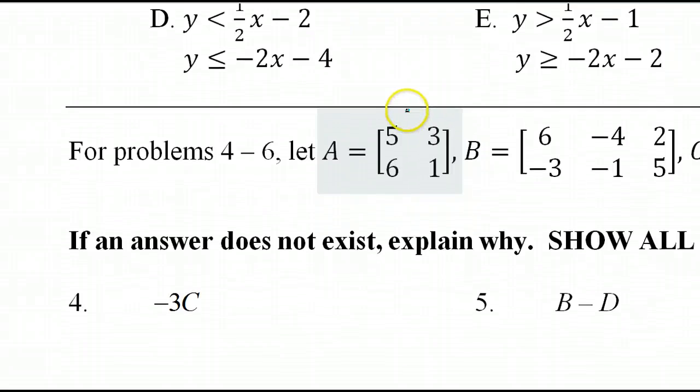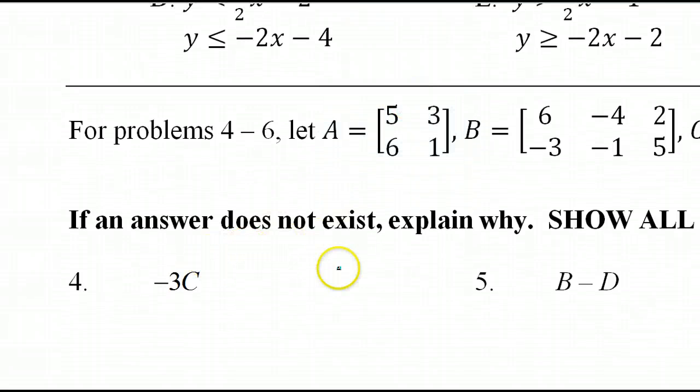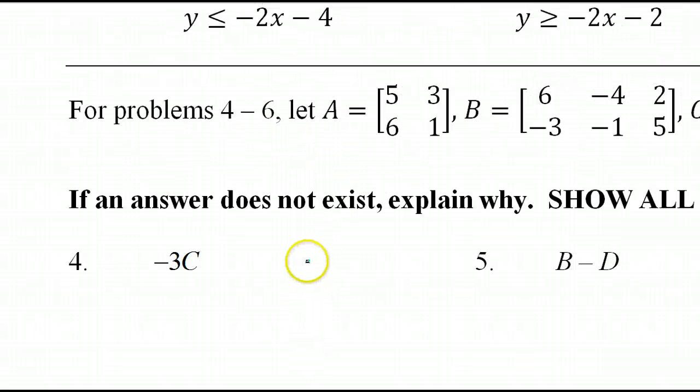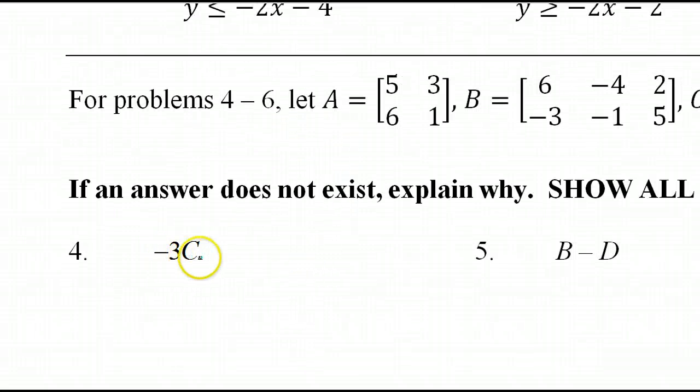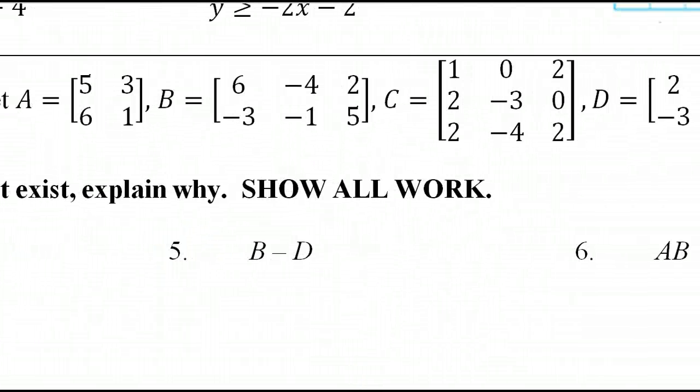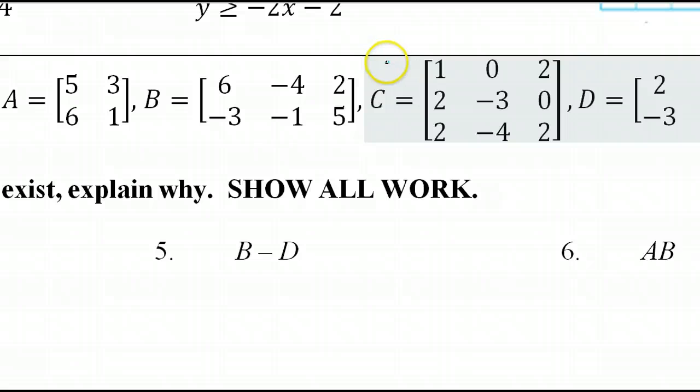All right, we got the matrices, and we're doing some calculations. So, for number 4, we're supposed to do -3 times C. Okay, so here's matrix C. So all we're really doing is we're multiplying each one of these numbers by -3.